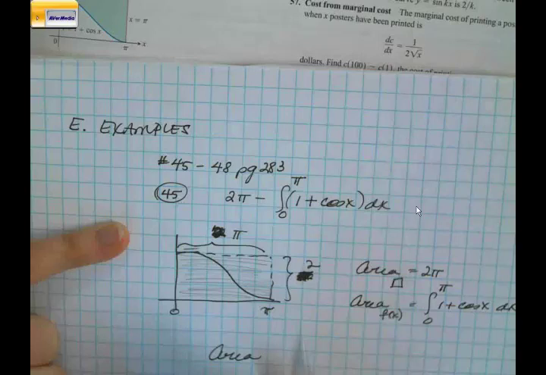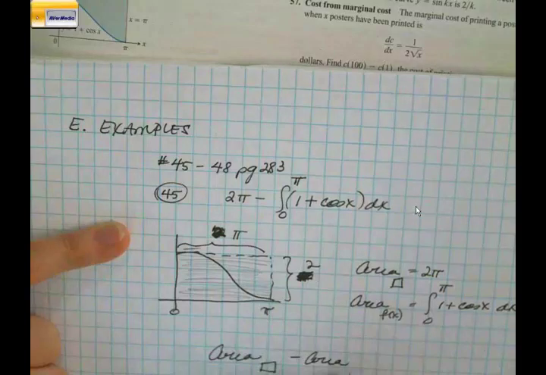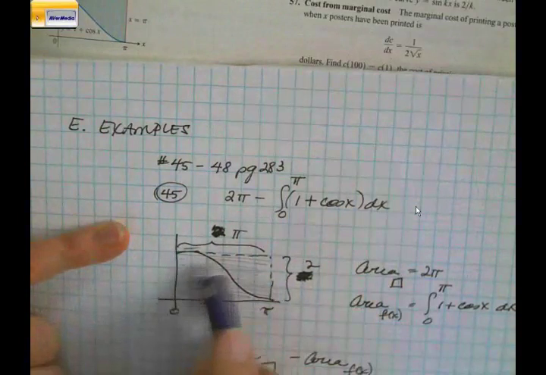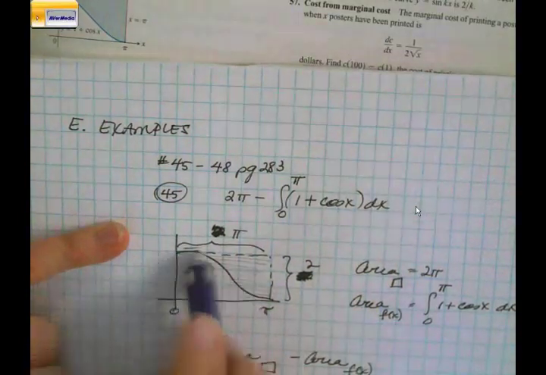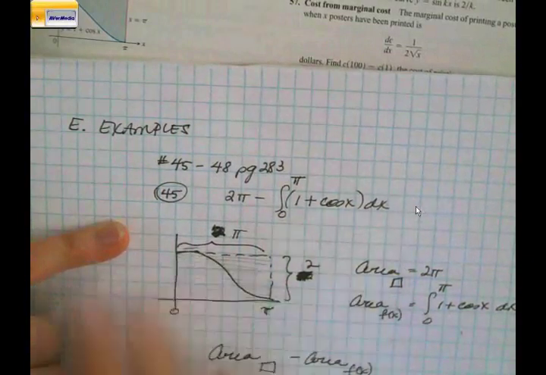Okay, so if I take the area of the shaded box and I subtract the area under the curve, it'll leave behind what they want, which is that area outside the curve.